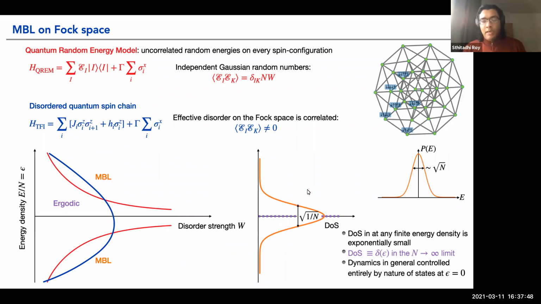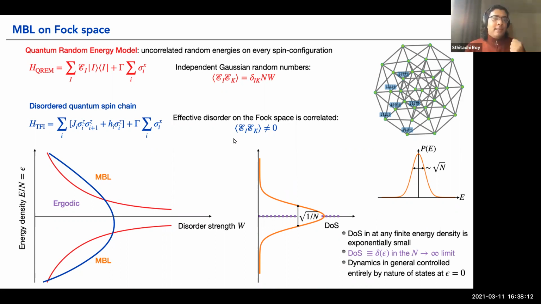And what that means is in the thermodynamic limit, it actually becomes a delta function at zero energy density. So basically all the action is at zero energy density. At finite energy density, you actually have an exponentially suppressed density of states. So any sort of generic dynamics would be controlled entirely by the nature of states at zero energy density.